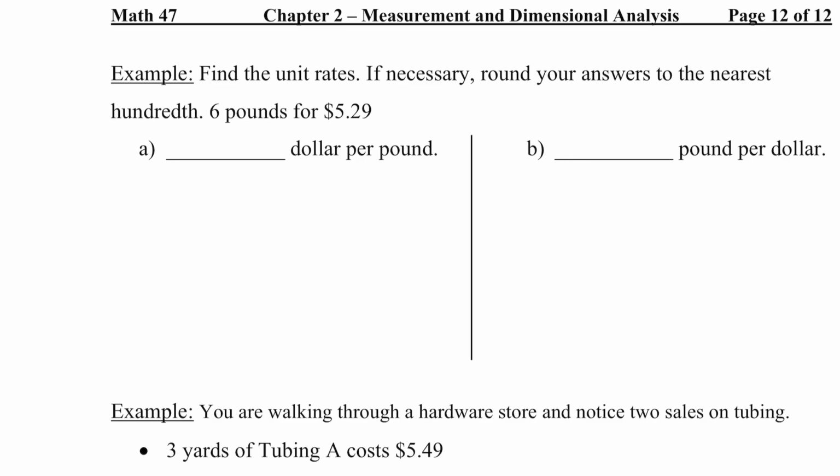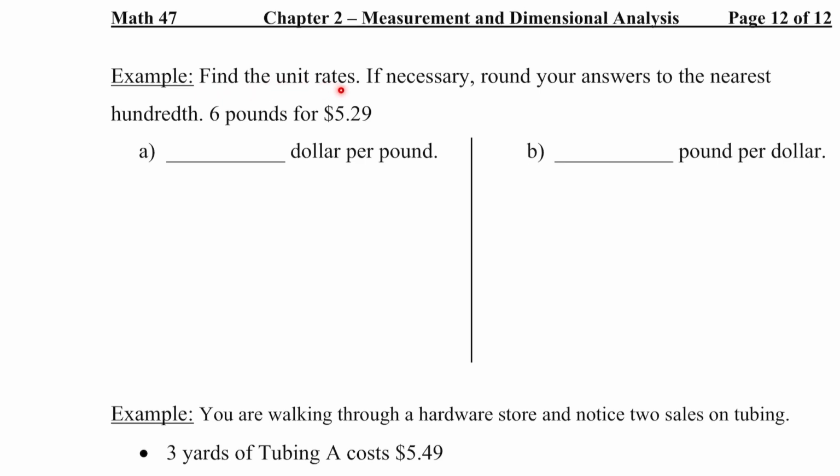Next, find the unit rates. If necessary, round your answer to the nearest hundredth. 6 pounds for $5.29. You bought 6 pounds of something for $5.29 and you want the unit rate in dollars per pound.